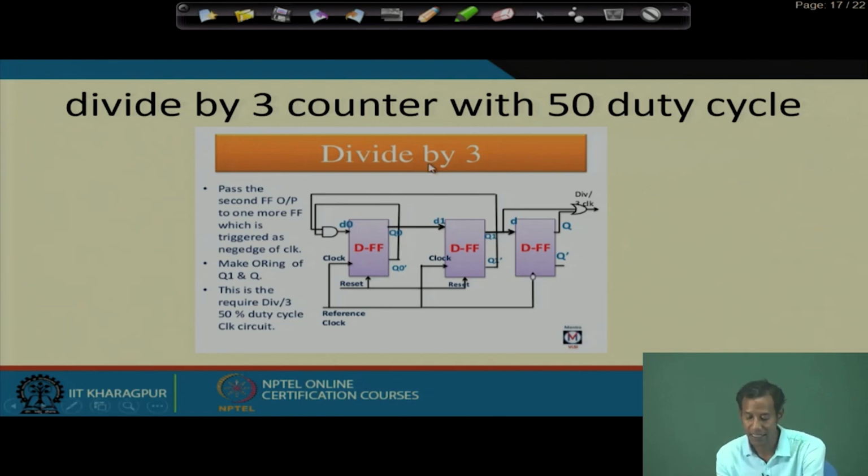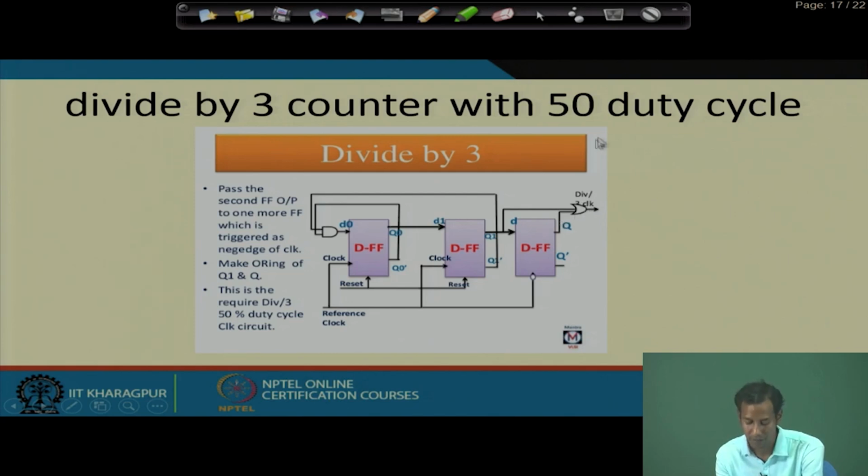But here I need divide by 3 with 50% duty cycle. Okay. Whenever you need a 50% duty cycle, you need one extra gate which is required to make the duty cycle 50%. What is the logic then? You have to OR this with the output of the third flip flop.